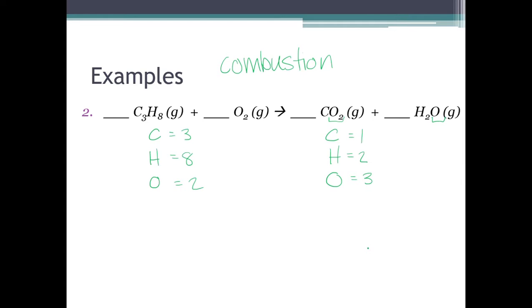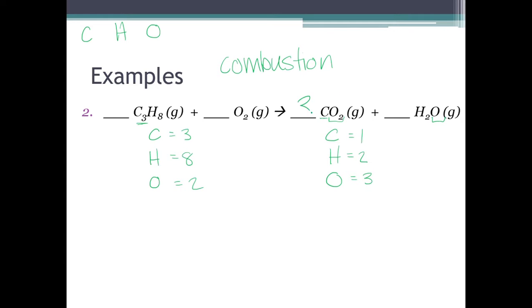Awesome. Nothing is balanced. Remember that one of the tips that we learned when we first started talking about balancing equations is that when you have carbon, hydrogen, and oxygen in a problem, you want to balance them in that order. Carbon, and then hydrogen, and then oxygen. So looking at carbon first, we've got 3 here on the left and 1 here on the right.